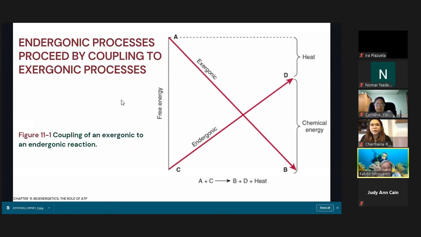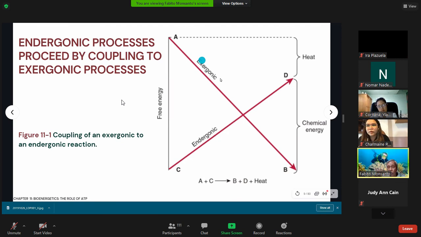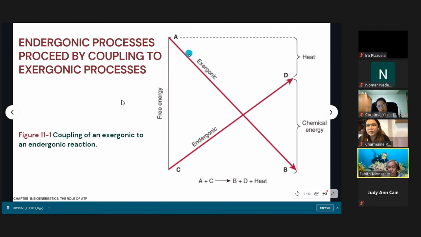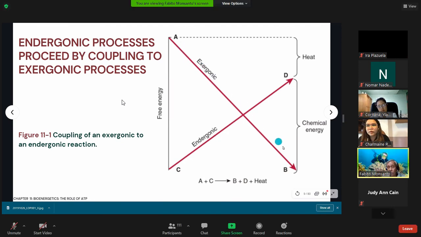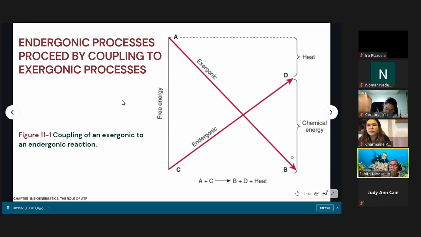We have here an exergonic reaction, which goes from point A to point B, what is called a downhill reaction, going down. The endergonic reaction is an uphill reaction.